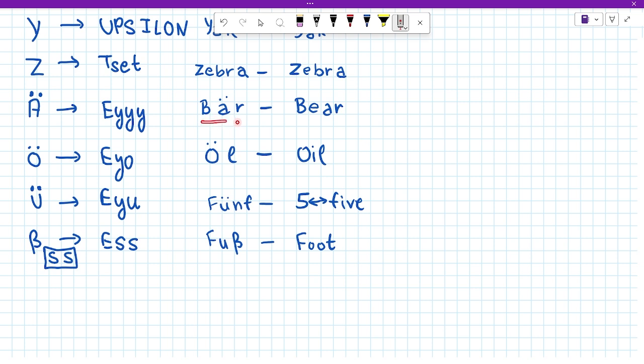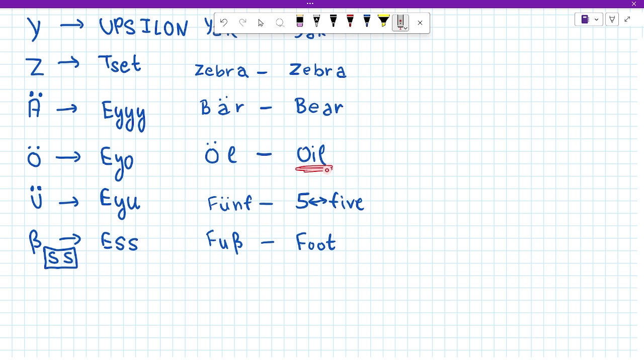In German, we pronounce it as bear, kind of like this, but with more emphasis on the a.